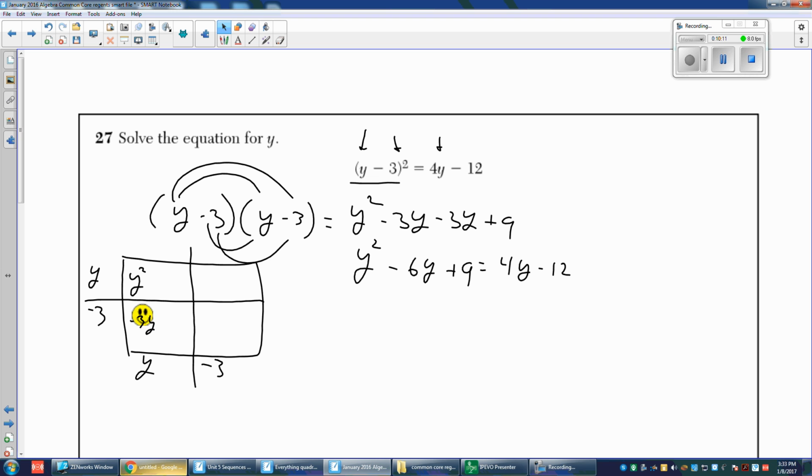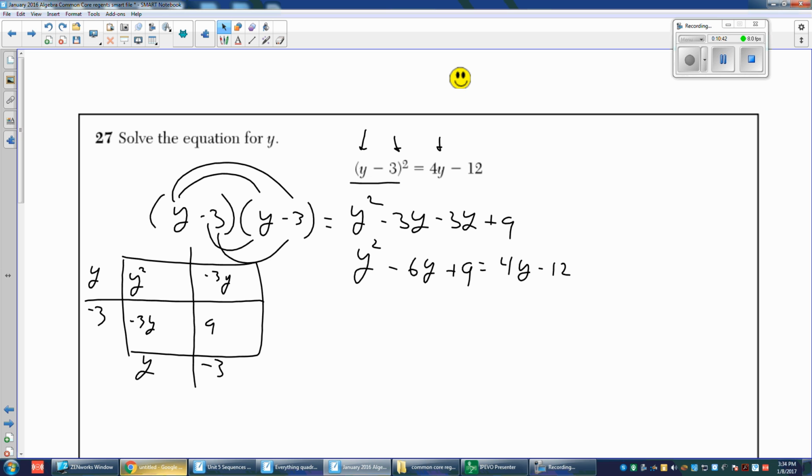Negative 3 times negative 3 goes in there, which is positive 9. Negative 3 times y, negative 3y. And then we can combine our like terms to get negative 6y, our y squared, and our 9. I brought down the 4y minus 12 here.